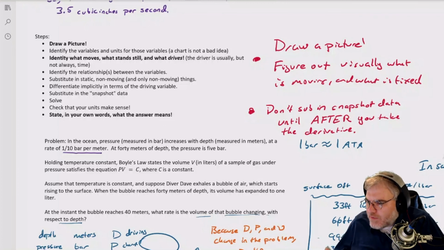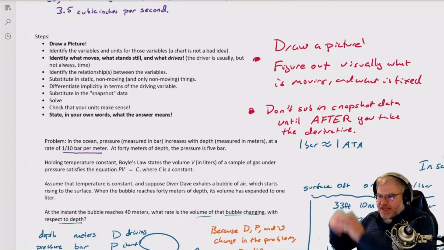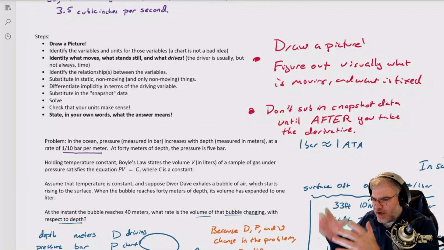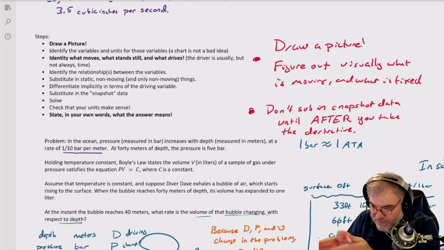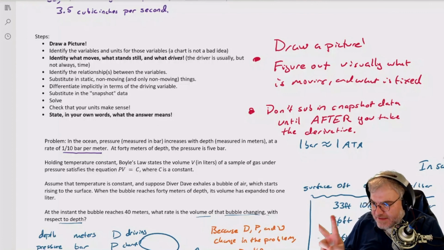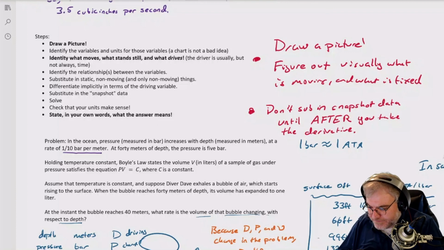All right? Figure out visually what moves and what doesn't. Draw a picture. And don't sub in snapshot data till after. There's a difference between the whole moving picture and me hitting the pause button. There's things that are fixed over the length of the movie, and there's things that are fixed only when I hit the pause button. Those are 2 different types of things.